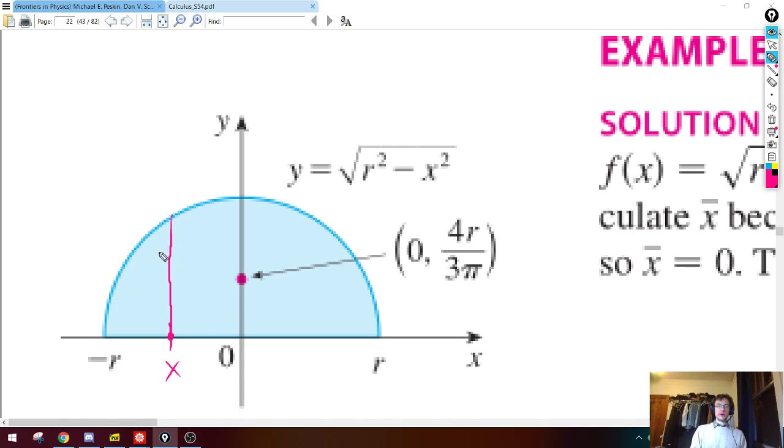So you could ask, what are all of the contributions to the y center of mass from these guys? Well, y center of mass is supposed to be basically the integral of y times the constant density sigma, which is supposed to be 1, dy or something. Or I guess this is times a small area because sigma is mass per unit area. So this is supposed to be times a tiny area.